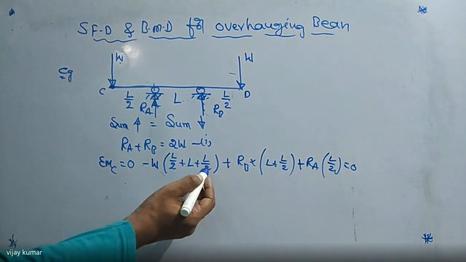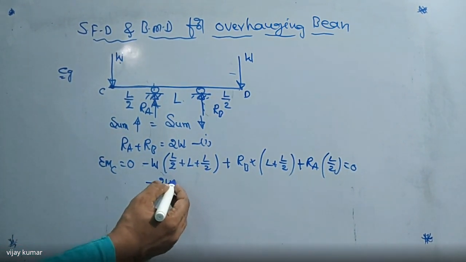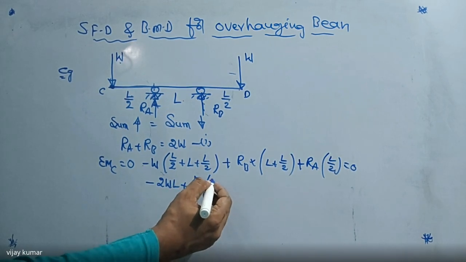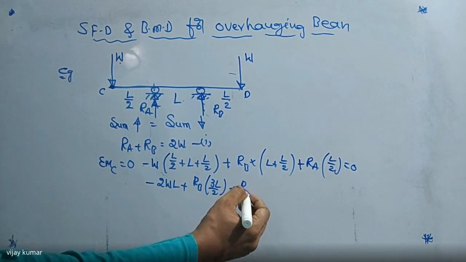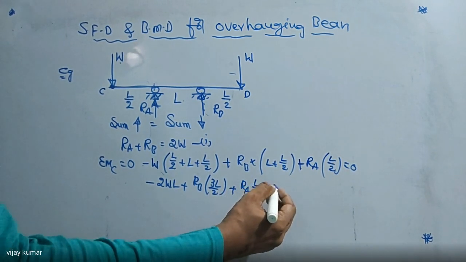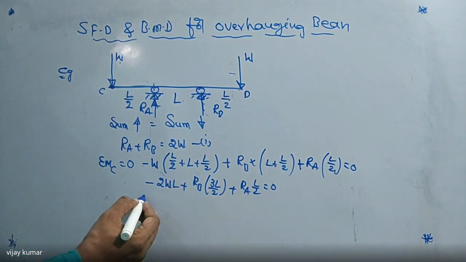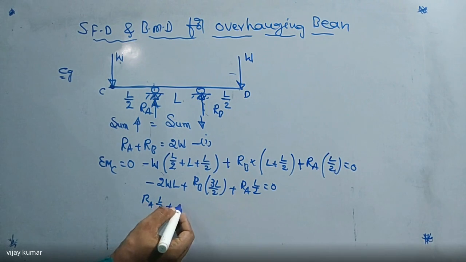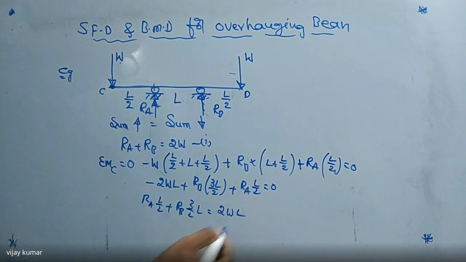Then this becomes 2L, that is minus 2W into L plus RB into 3L by 2 plus RA into L by 2 is equal to 0. Then we can write the equation like this: RA into L by 2 plus RB into 3 by 2 times L is equal to 2 times WL.